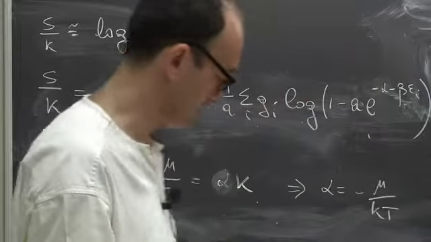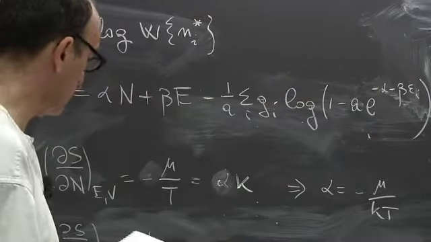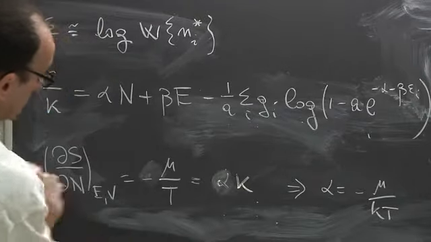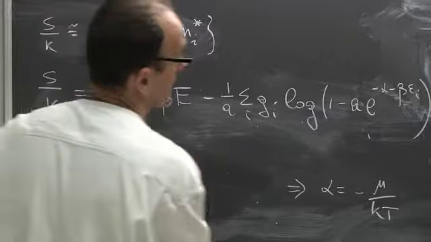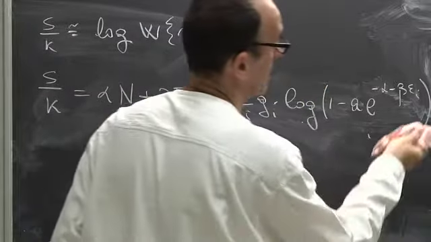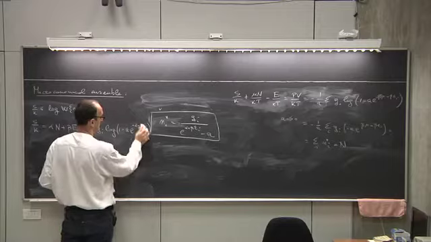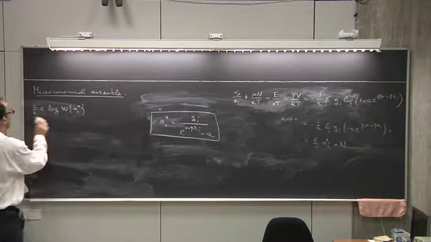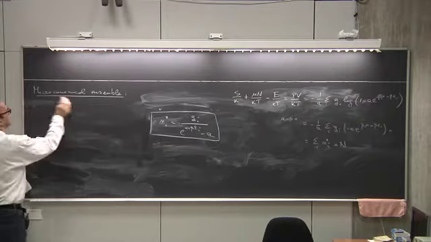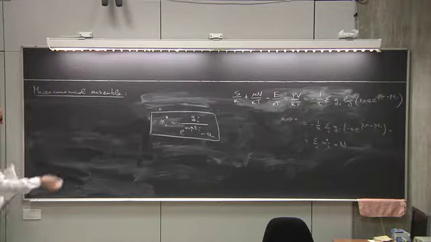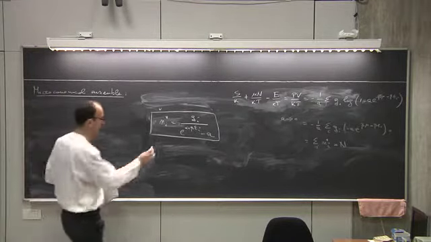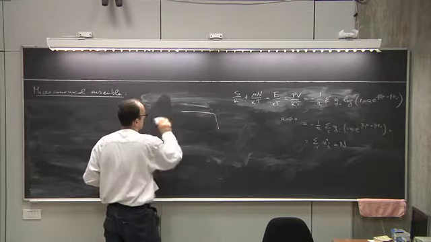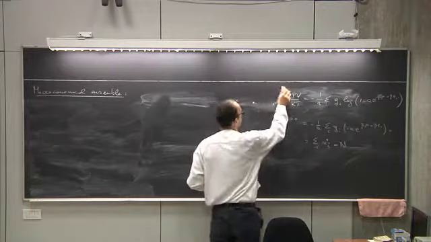Okay, so I want to show this, and I want to show that in particular one recovers exactly the same result, and it shows that actually the entropy is dominated by the most probable occupation numbers.